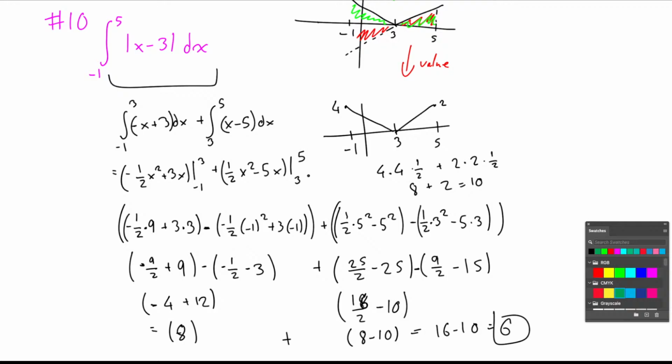Negative 9/2 plus, so that's all correct. I'm confused. What did I do wrong?